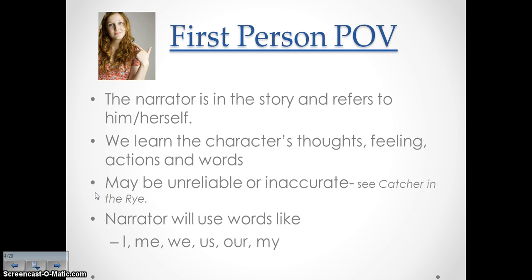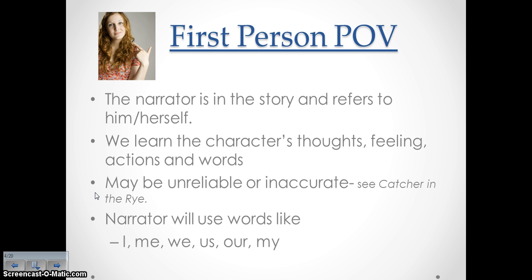Now, the first person point of view is when the narrator is in the story and refers to him or herself. So a very good thing in using first person point of view is we do get inner access to the character's thoughts and feelings and actions and words. We get to see what's going on inside their brain and why they're making their decisions, why they're thinking these things, why they're feeling these things.